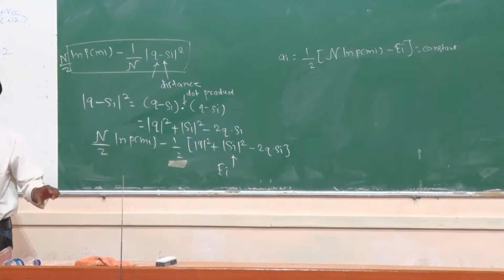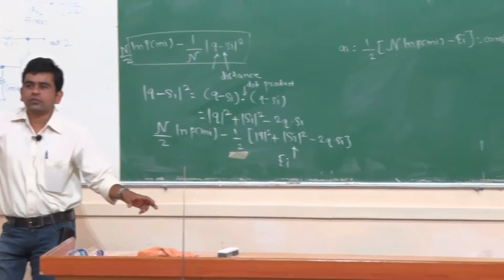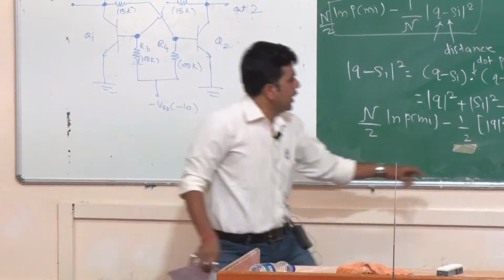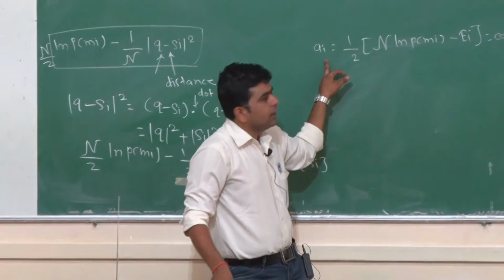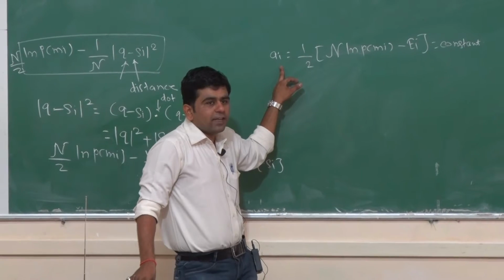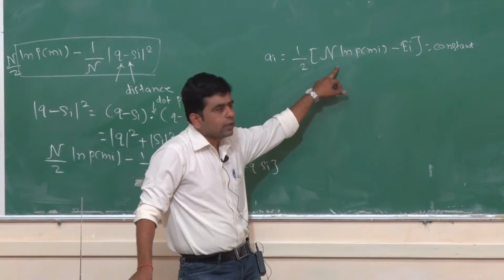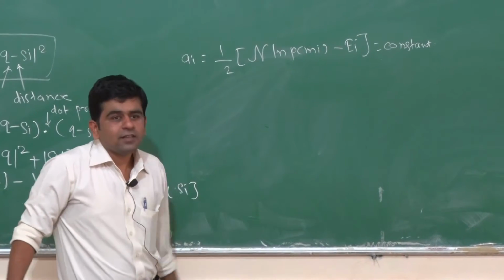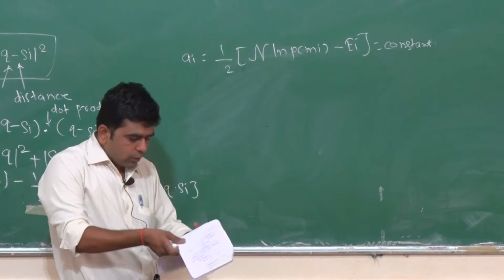We are using the rectangular pulse or sinc pulse; whatever the case, the energy associated with your input symbol is constant. So we collect these quantities and represent AI is equal to 1 by 2 natural log of probability of Mi minus EI, that is equal to constant.